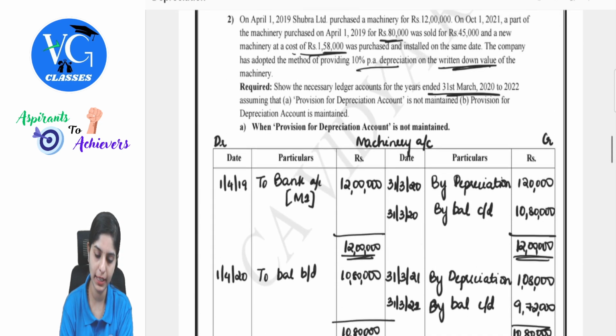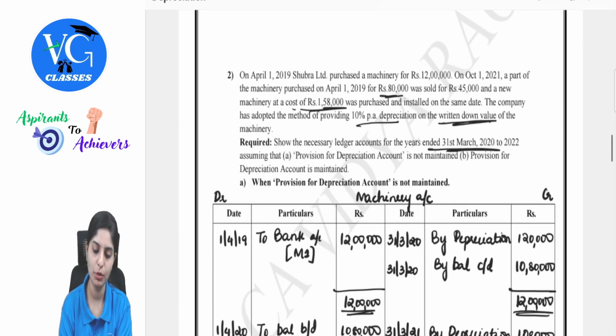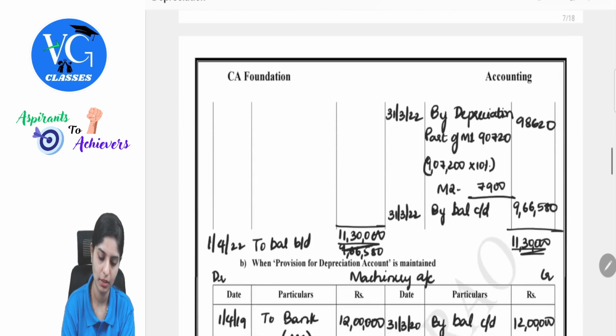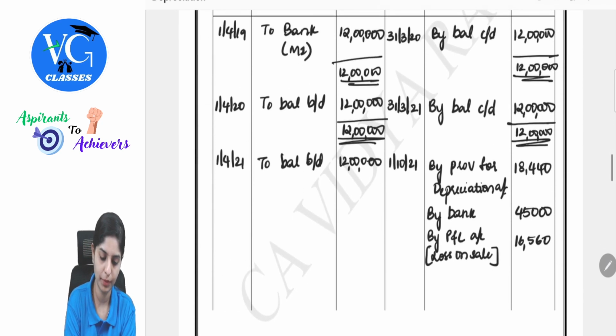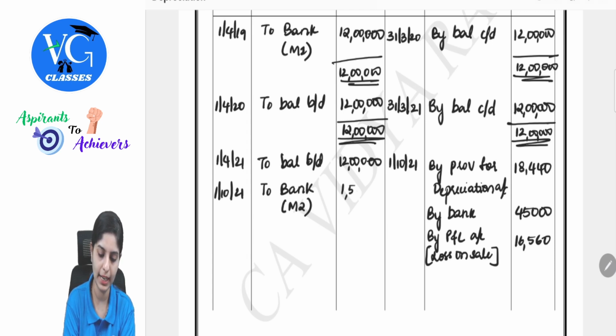So on the same date, 1st October, there was another asset which was purchased. New machinery at a cost of 1,58,000 was purchased. So 1st October 21 to bank, machinery to 1,58,000.